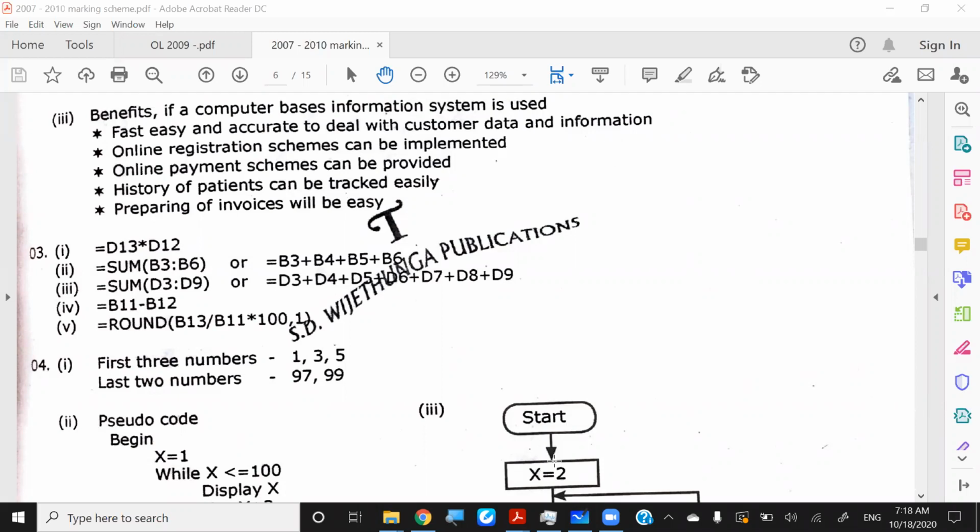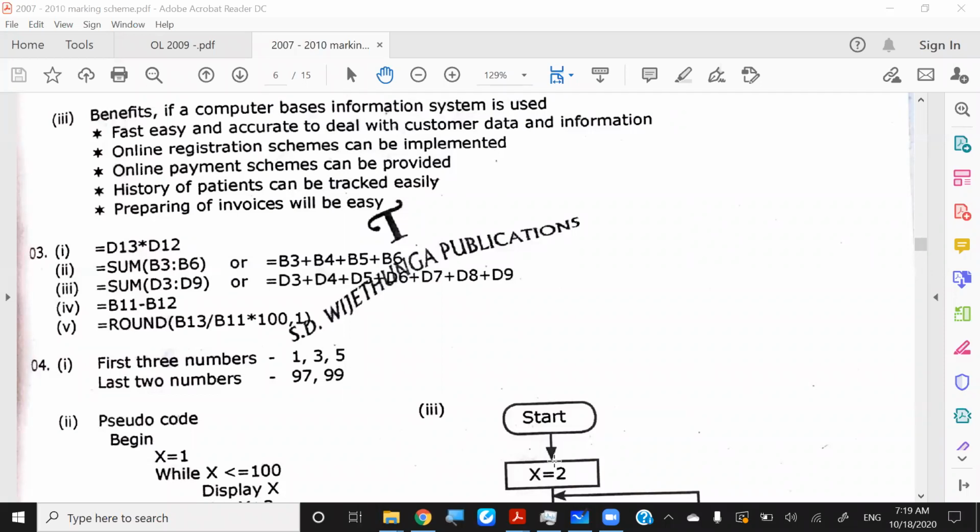The money received from the children in US dollars is in D13, which means $50, and the currency conversion rate, one US dollar is equal to 108.35 rupees.